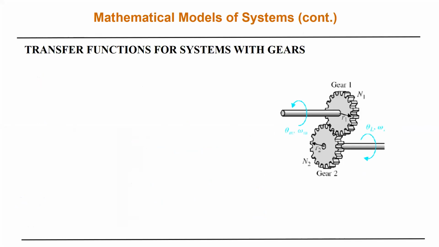By the end of the lecture, we should be able to get the transfer function between theta L, and let's say if there is a motor on this side, and let's say I have VA as input. So I would like to obtain theta L to VA. This is what we are going to do.